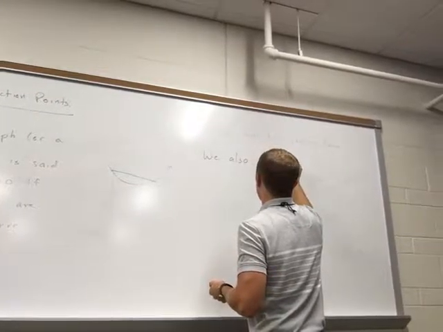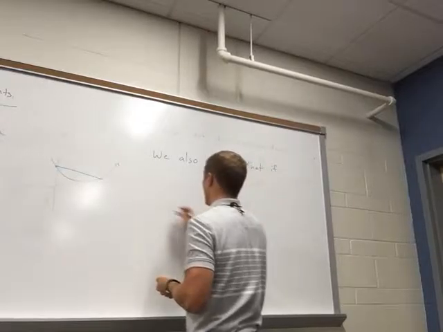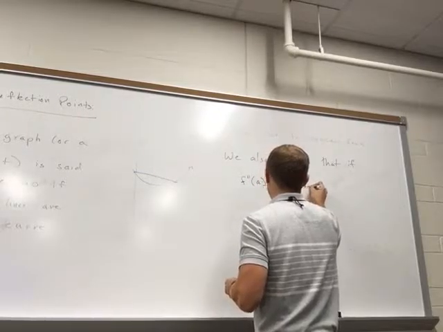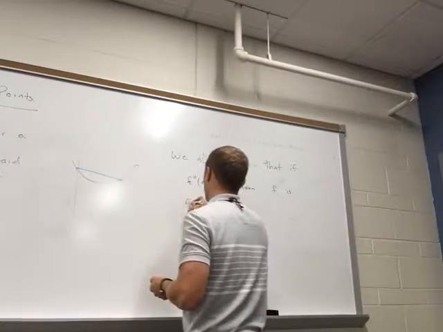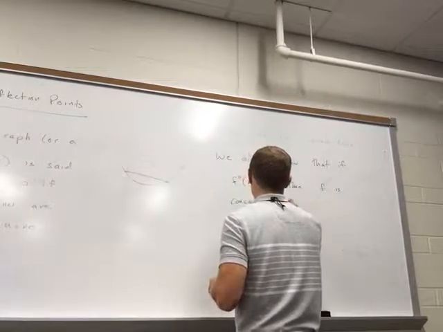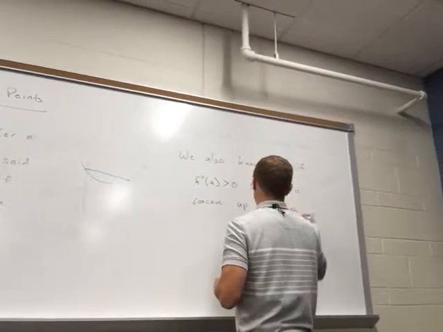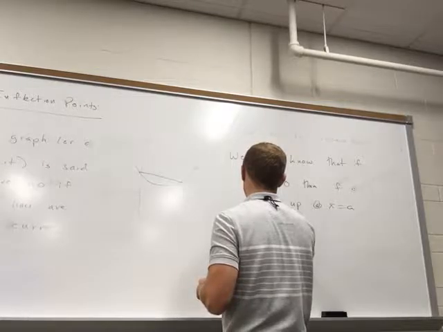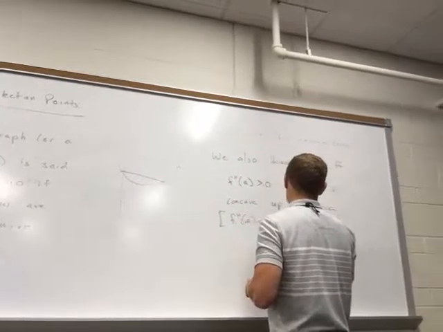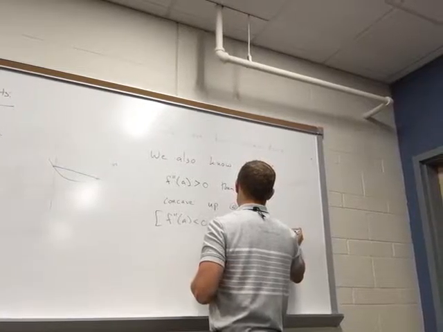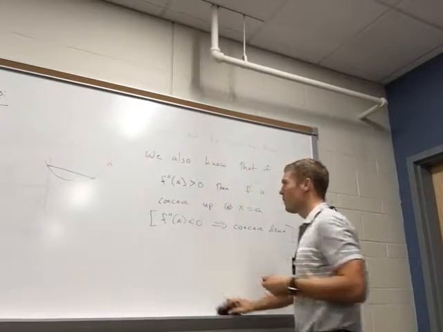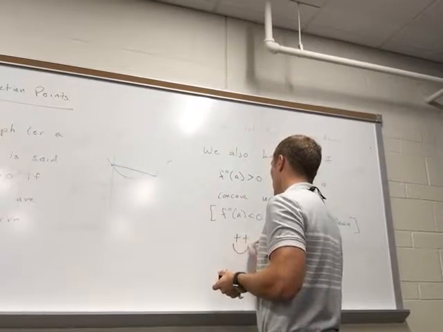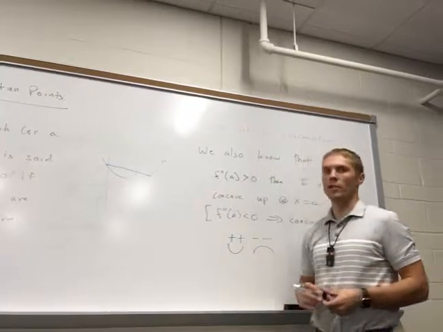We also know that if f double prime of A is greater than 0, then f is concave up at x equals A. In parentheses, I'll say f double prime of A less than 0 implies concave down, which is summarized in the picture we discussed, the second derivative test of the comedy and tragedy of math.